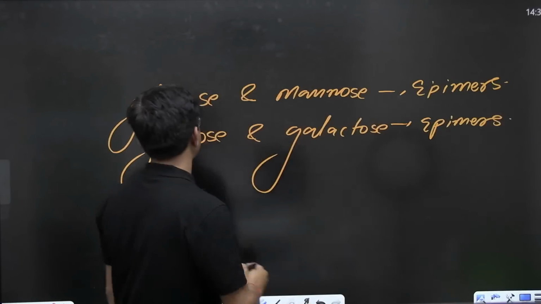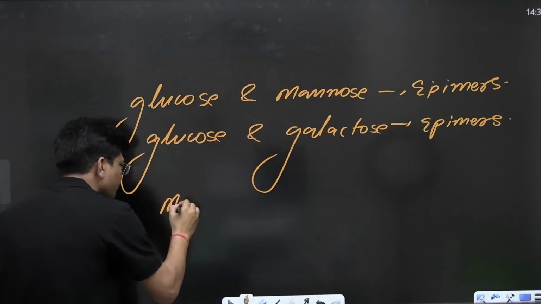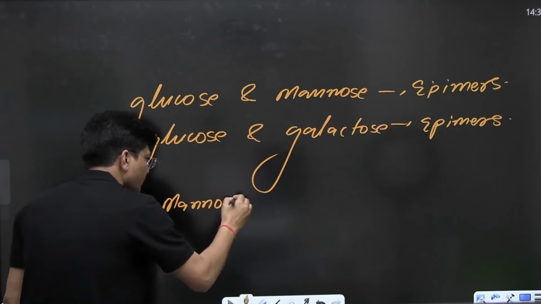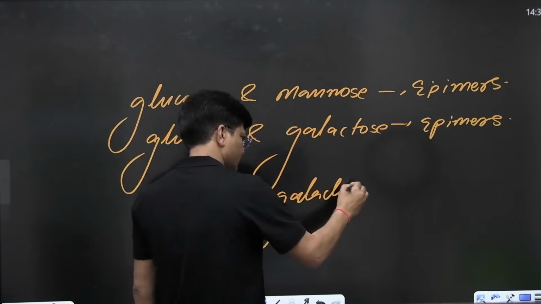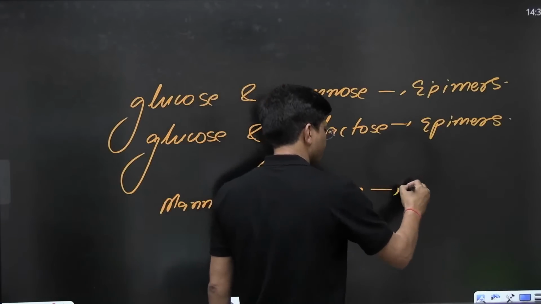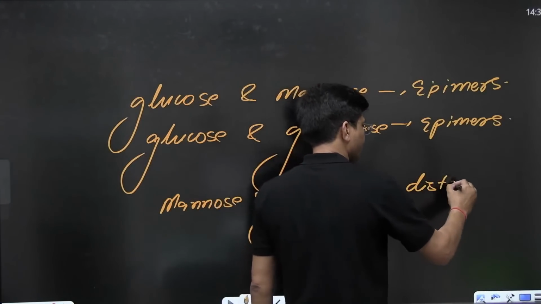But my dear students, mannose and galactose, they are diastereomers.